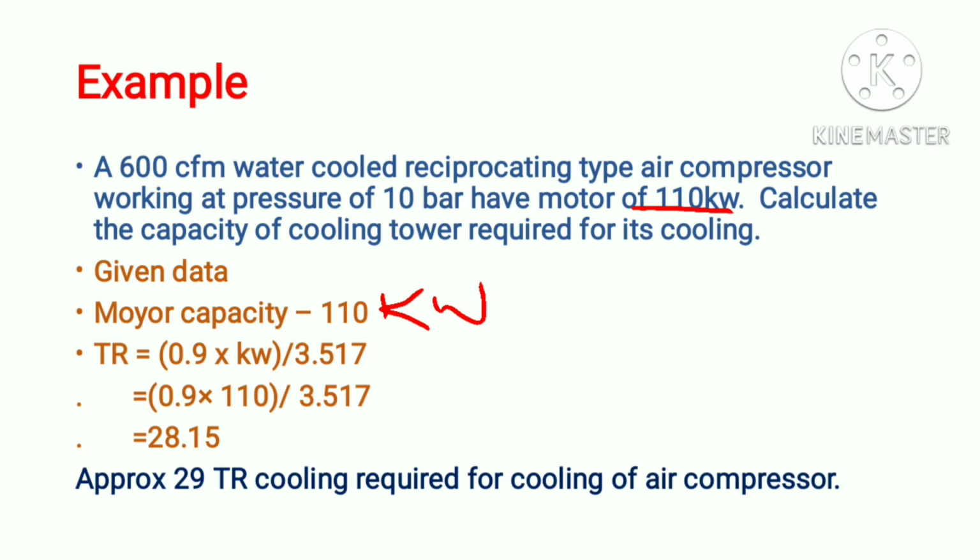After calculation we get 28.15. So approximately we should install a 29 TR cooling tower for the cooling of the air compressor. The cooling capacity of the cooling tower for this air compressor will be 29 TR.